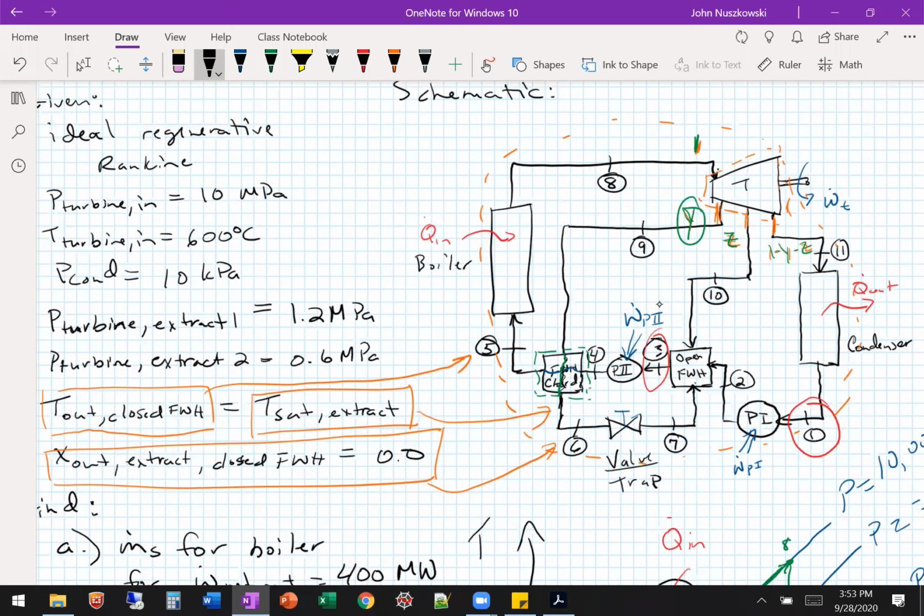We could also follow it through and say 6 and 9 are connected, and 6 and 7 are the same mass flow rate also. Just like 4 to 5 is the same, which is equal to 8. We could also backtrack it. 4 is equal to 3 also.